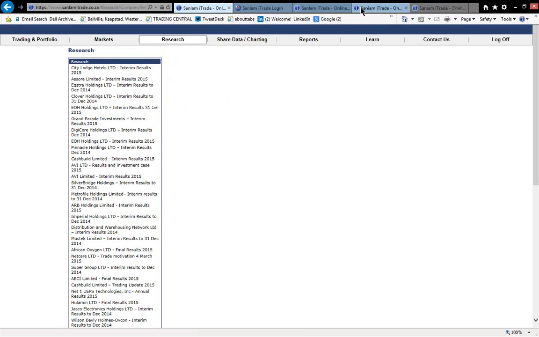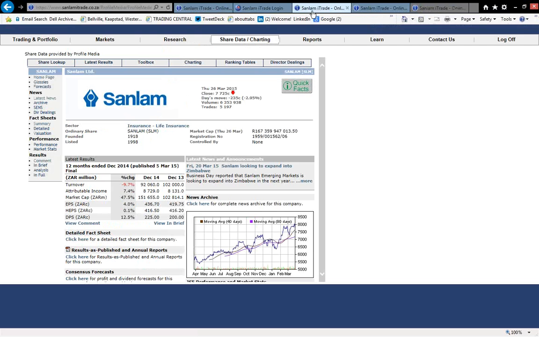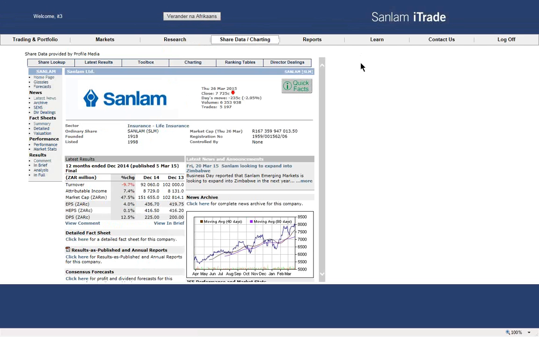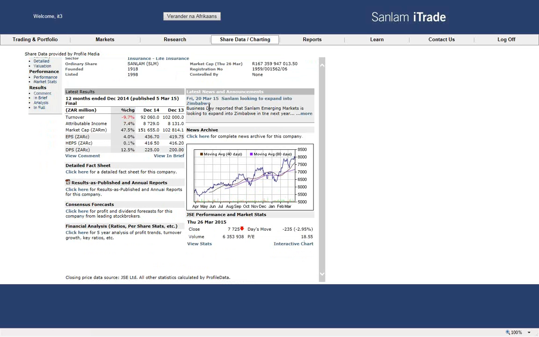So if we look at the share data pages, very comprehensive. You've got pages and pages of information on every single listed share on the JSE. Here's one example, Sanlam. You can see there's a little brief summary of the results. There's a little graph there.